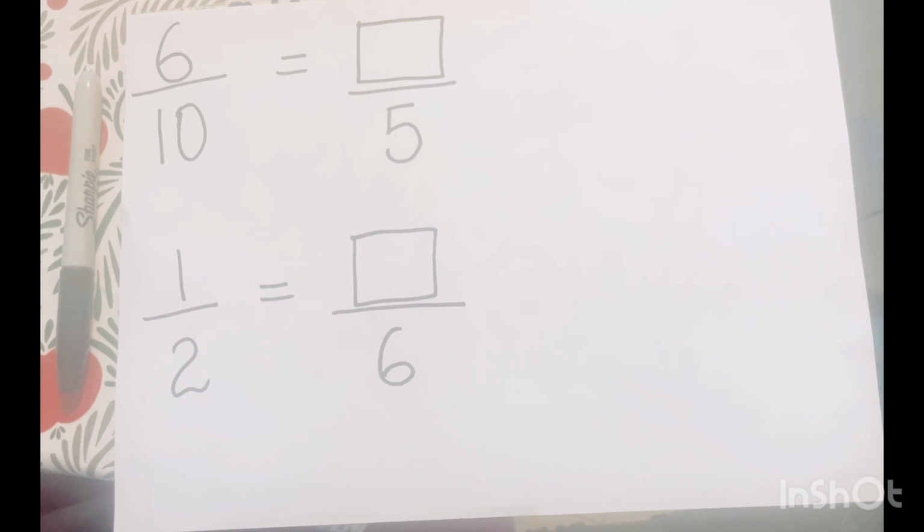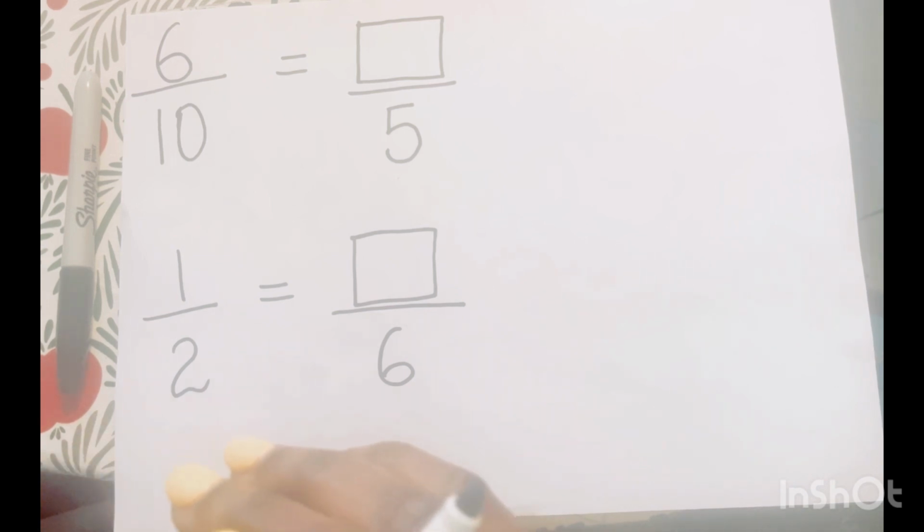Something you need to note is that when you're doing equivalent fractions, you need to be very knowledgeable of your multiplication table, and you need to have some idea of how to divide and multiply. So let's start with half. We have half is equal to box over 6.